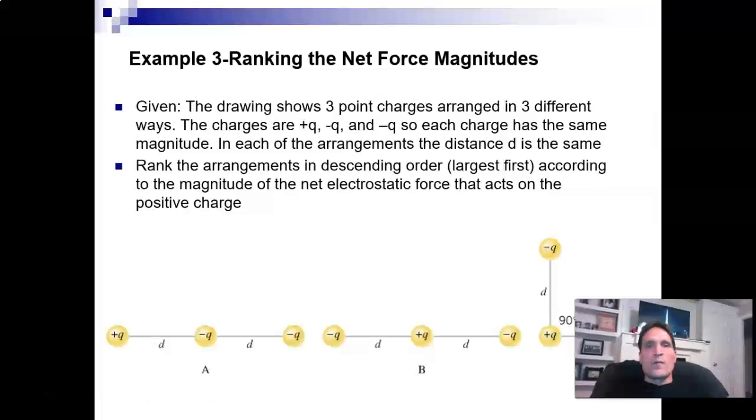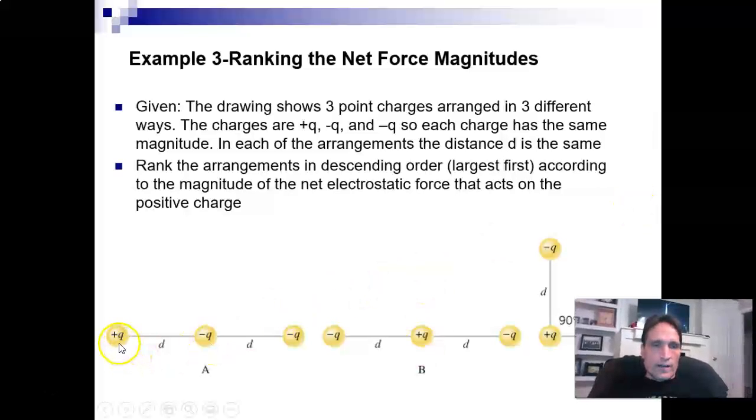Now without doing the math yet, let's try to guess whether A will be bigger or whether C will be bigger. Let's look at A. Plus Q will experience an attractive force due to the middle charge. They're opposite signs, and they're separated by a distance d.